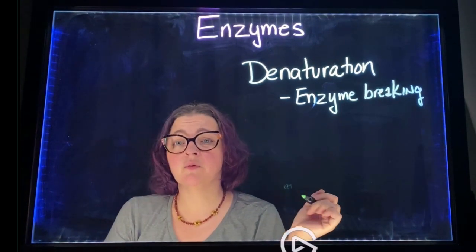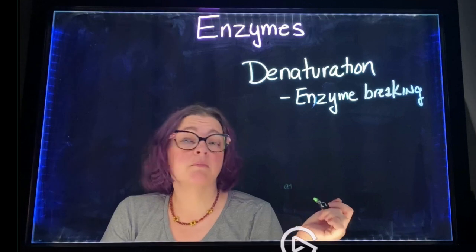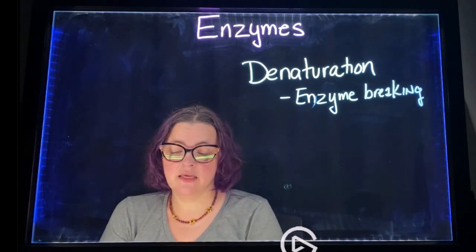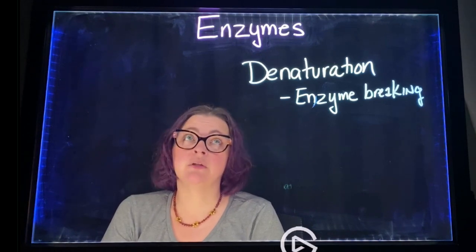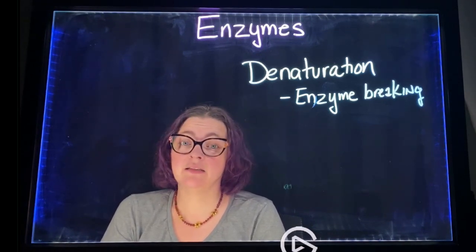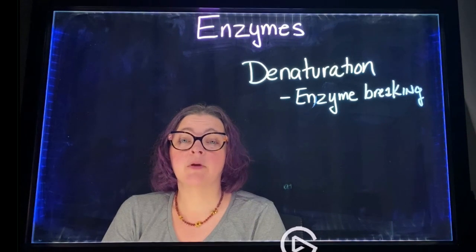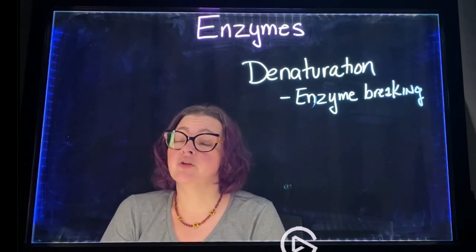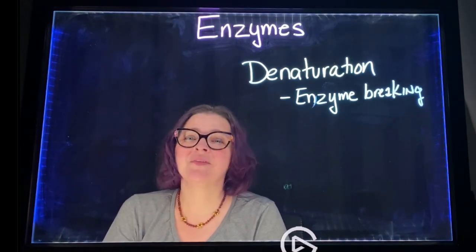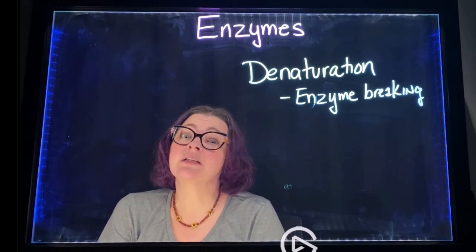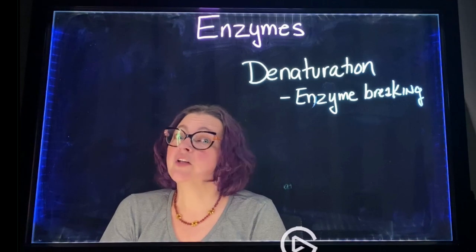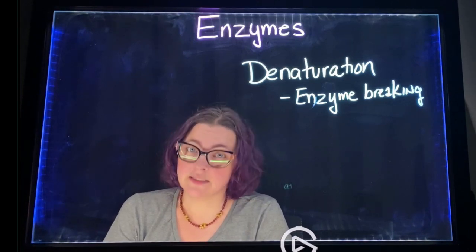Bonds are broken between some of the molecules, and the protein is no longer functioning. So when you break an enzyme, it's denaturing it, breaking those bonds, causing it to lose its shape. When you lose shape, or when you change shape, you change function. And in this case, changing the shape is going to completely break it. Generally, when you denature a protein, it is done.